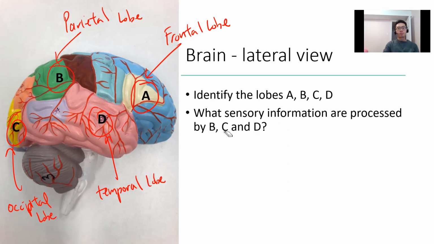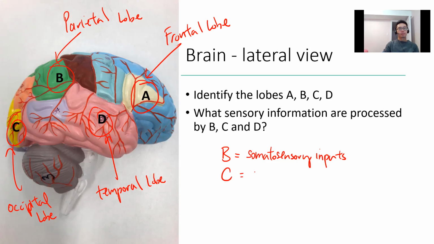What sensory information is processed by B, C, and D? For B, the parietal lobe processes somatosensory information, bodily senses, things like pressure, temperature, pain. What about C, the occipital lobe?